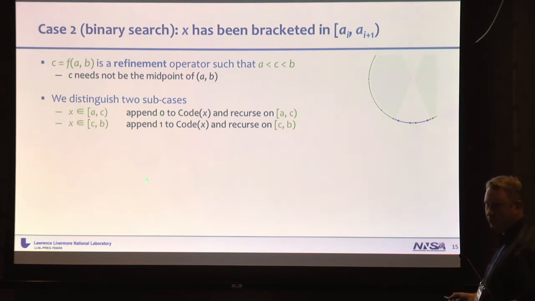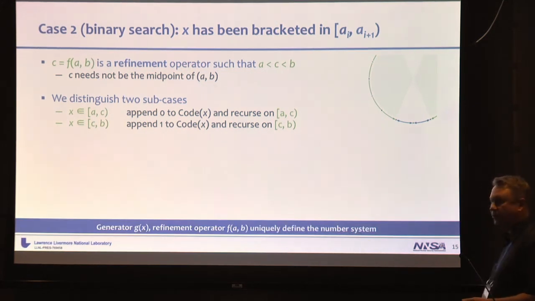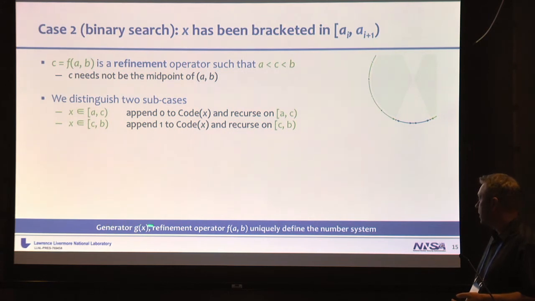If it's in the upper half, we append a 1 bit to the code. Then we keep recursing until we find our number. For any number system, this is really all you need: a generator g of x, which could be a simple function, and a refinement operator f of a comma b. You don't have to deal with complex bit manipulations or any of that nonsense.